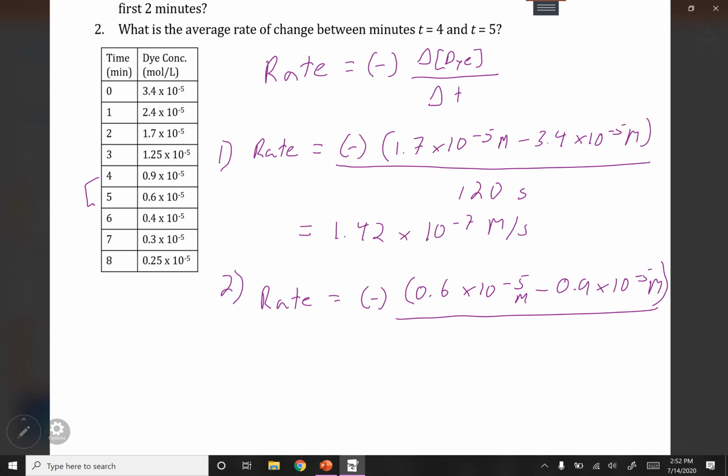And this is going to be over our delta t. So this part we have to think, what's our delta t? We're not starting from 0. We're only looking at 1 minute. So our delta t will just be 60 seconds.